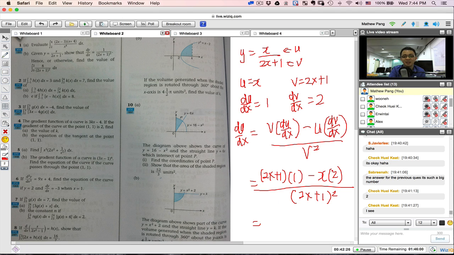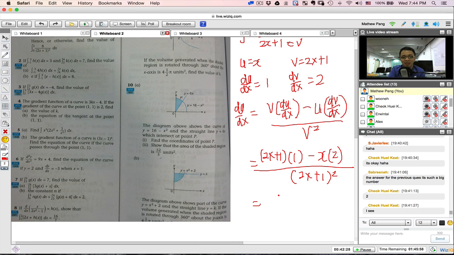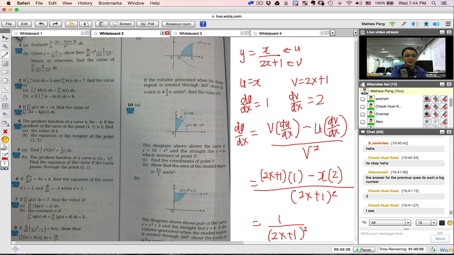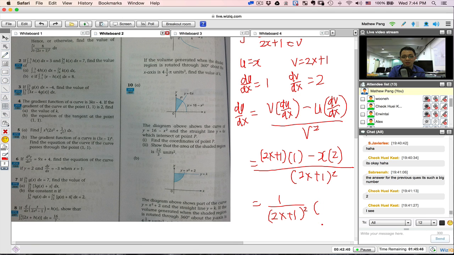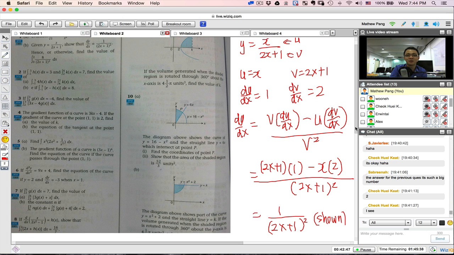So I simplify. This one is minus 2x and 2x, I left 1 over (2x plus 1) squared. This is what they want, isn't it? Yes. You see this? dy dx will equal to this one. So I already show what they want. Alright. Simple.